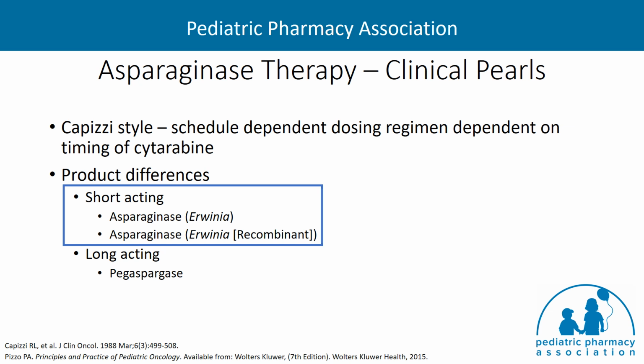And as you may already know, there are short-acting as well as long-acting asparaginase therapy products available in the market, long-acting being the pegylated products, the short-acting being the non-pegylated products. So specifically, asparaginase Erwinia as well as asparaginase Erwinia recombinant, which has been very recently FDA approved.